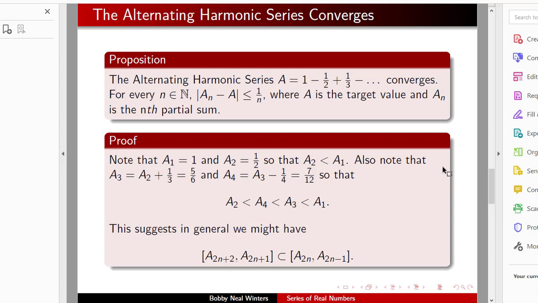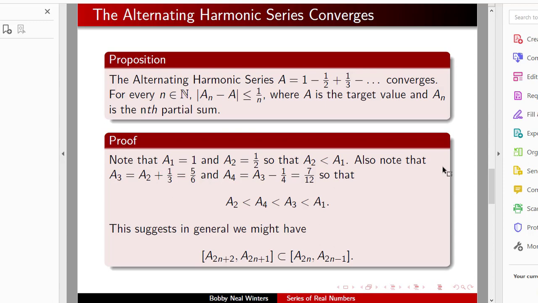In fact, it'll be a while before we figure that out, certainly not this lecture. I might tell you what it is, but we will prove that it converges without necessarily proving what it converges to. So note that A_1 is equal to 1, our first partial sum.